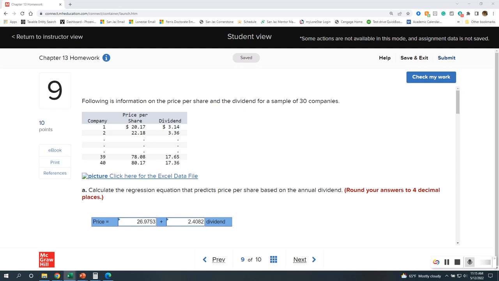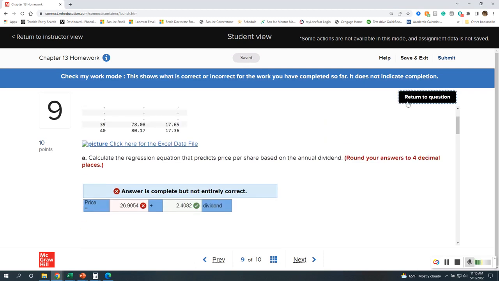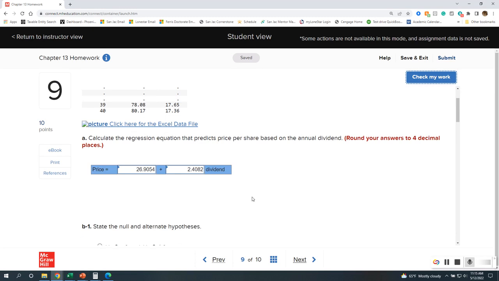Alright, so, let's see if it's 26.9054. It is not. So there is actually an error with mine. Huh. Like I said, go figure. So this is the key.